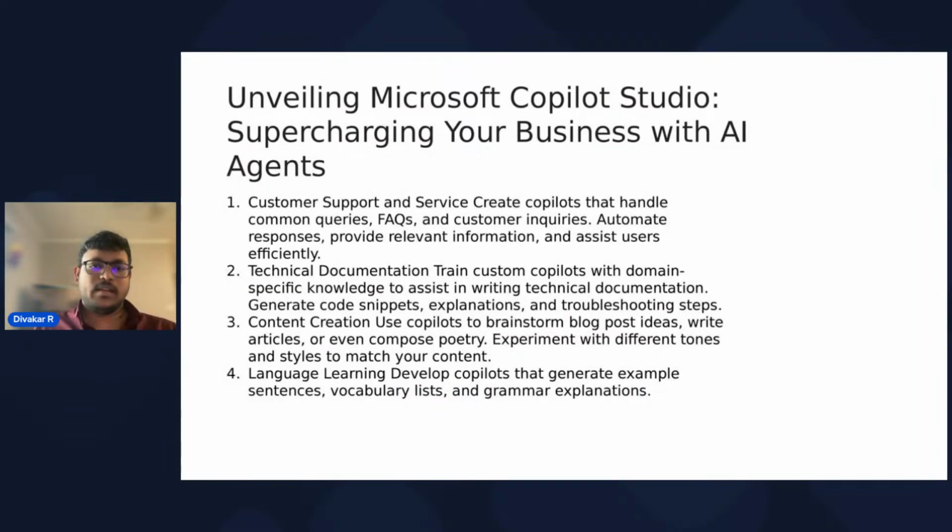So with respect to this, we just need to understand what sort of changes it is going to impact the businesses in AI. Okay, earlier we were calling them plugins, but right now they have renamed it to agents.